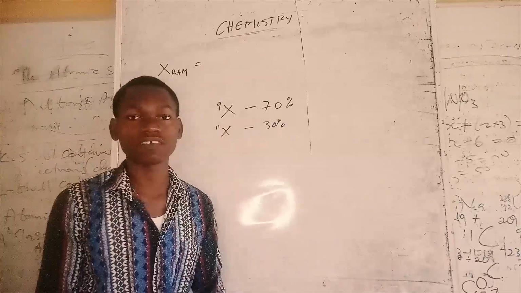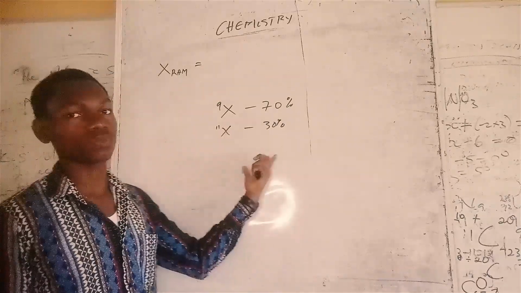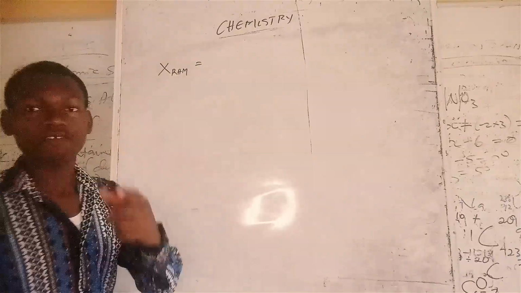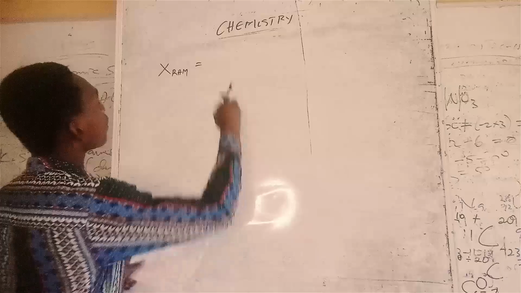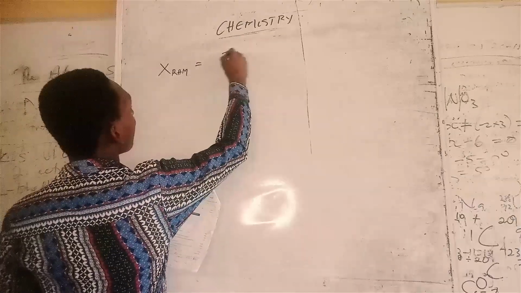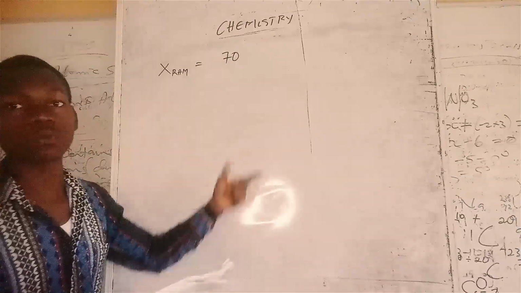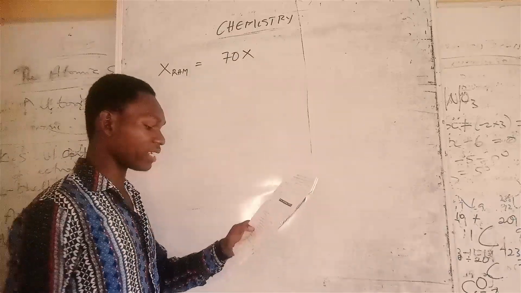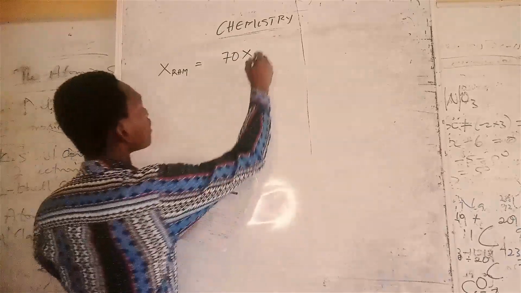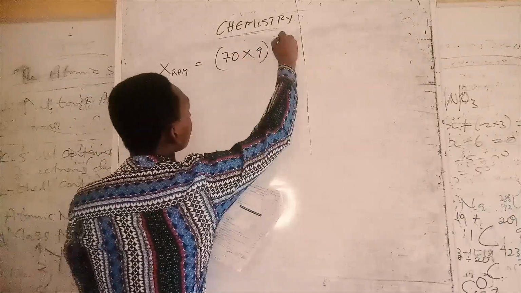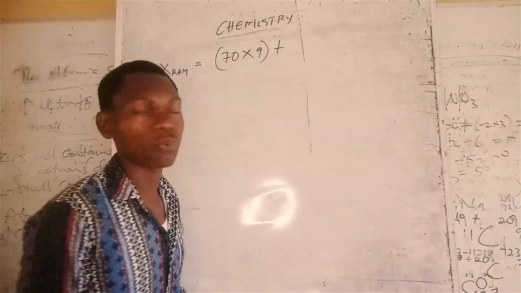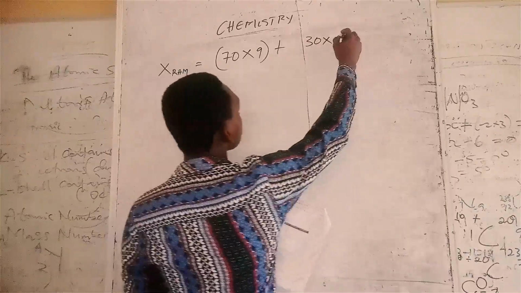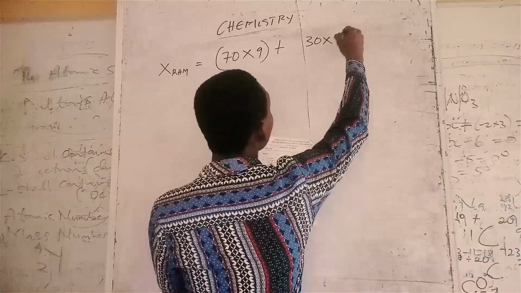Now, how do we get the average of these two isotopes? That is what we are trying to calculate. Let's simply do that. First of all, the abundance of the first given isotope is 70 times the mass of that first given isotope, which is 9, plus the second given isotope: the percentage is 30 multiplied by its mass, which was 11.